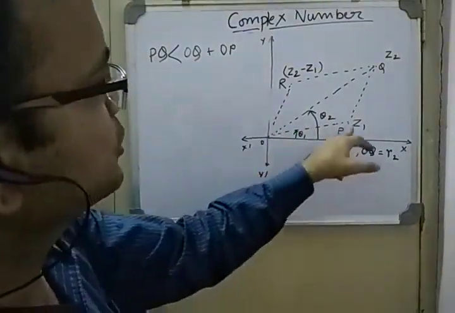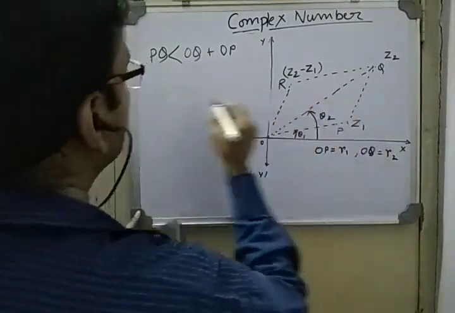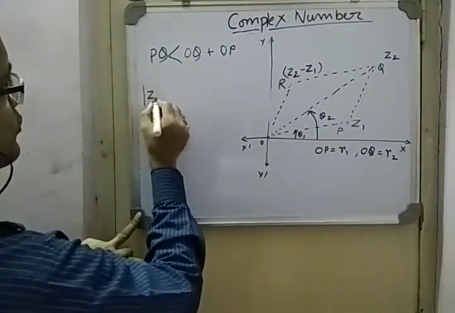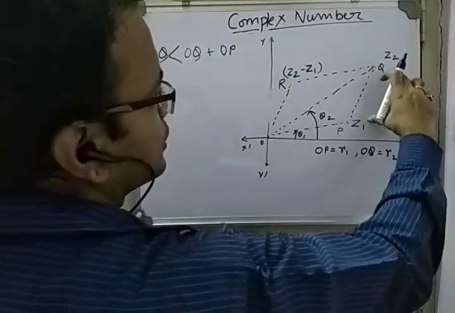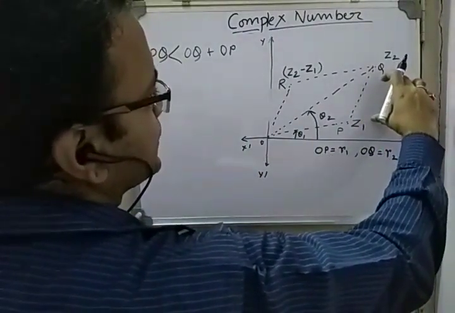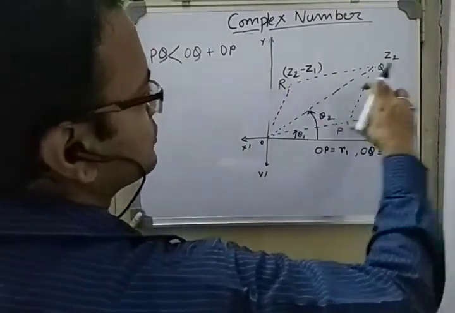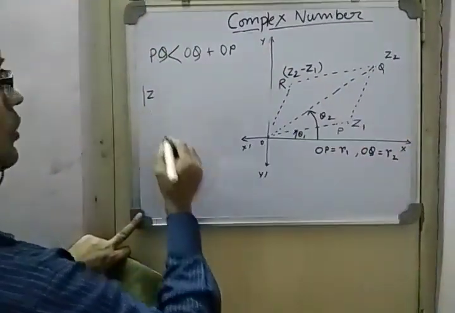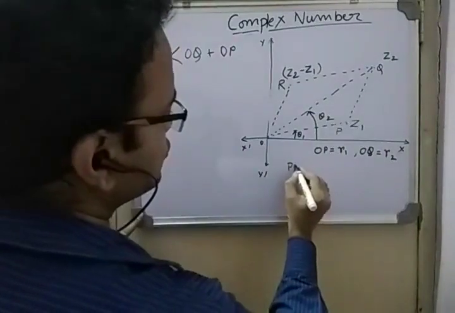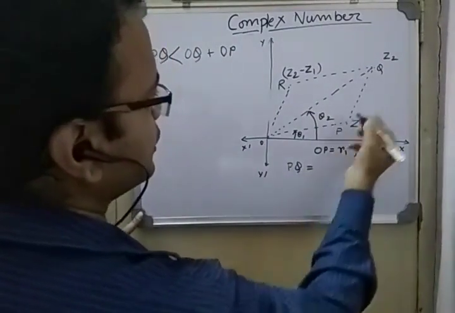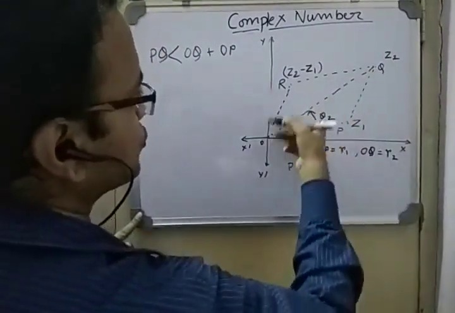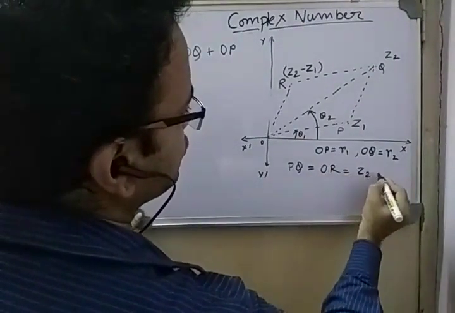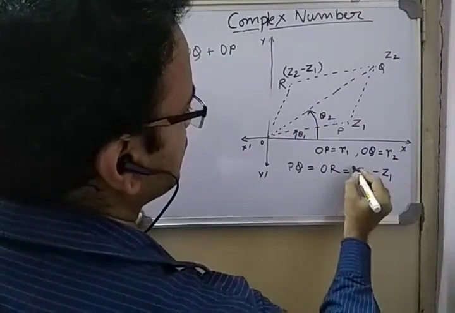First PQ. PQ is a length, so it becomes the mod of this portion. If this is Z2 minus Z1, then definitely the opposite side of the parallelogram is equal, so PQ is equal to OR, equal to mod of Z2 minus Z1.